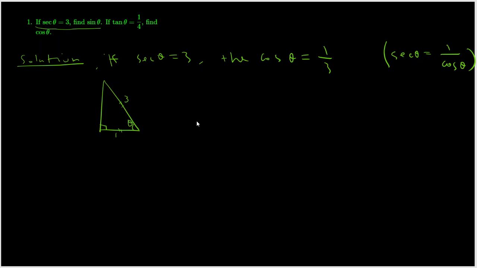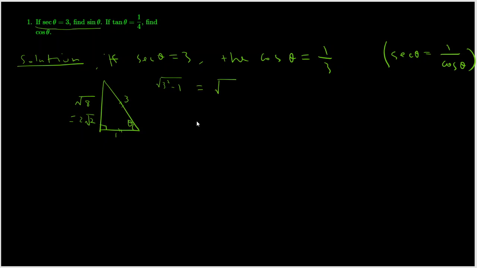In a right triangle, the sum of the squares of the 2 legs is equal to the hypotenuse squared. So it's the square root of 3 squared minus 1 squared. I think it's the square root of 8, which is the same thing as 2 square root of 2.